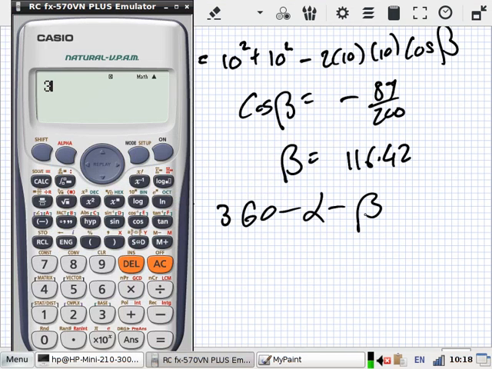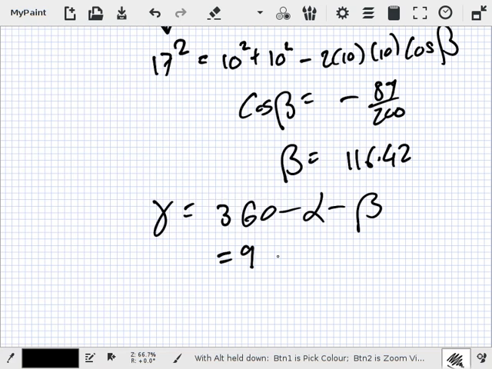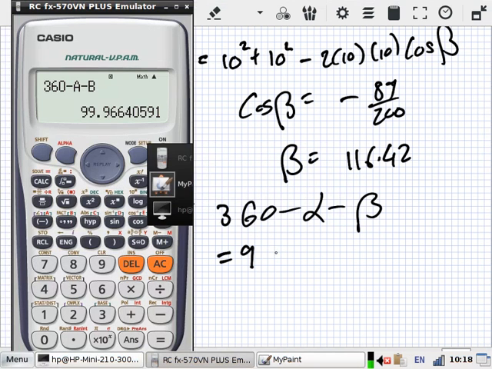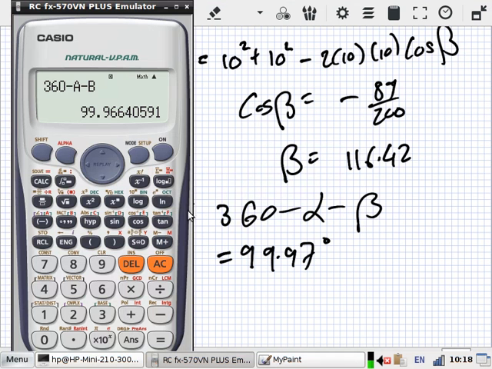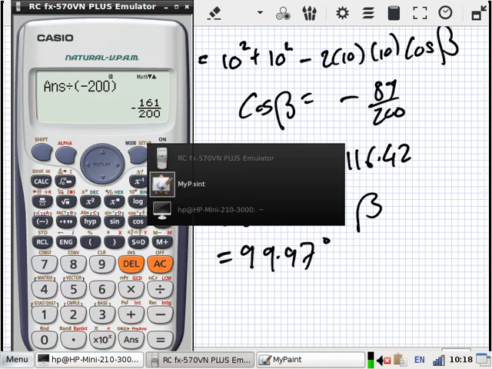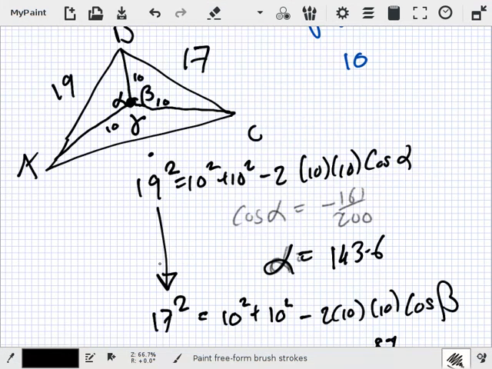So 360 minus alpha minus beta, 99.96. Let's store this as C. Okay, finally we can get this missing side, we'll call it x.